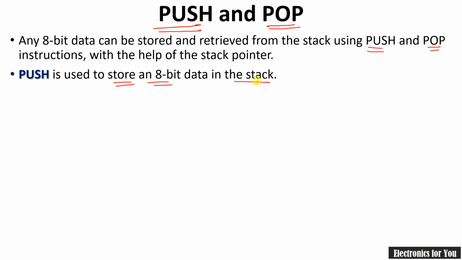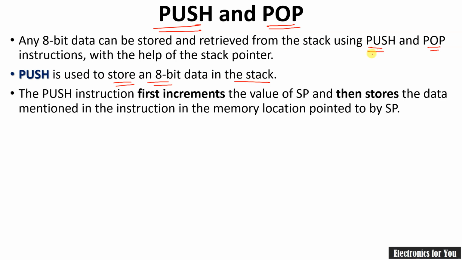As I have already explained, after the push instruction, first the address is incremented, and later the data is stored. For example, if the RAM location is 40H, first it will increment to 41H, and at this 41H the data to be stored will be stored. This is the push instruction.